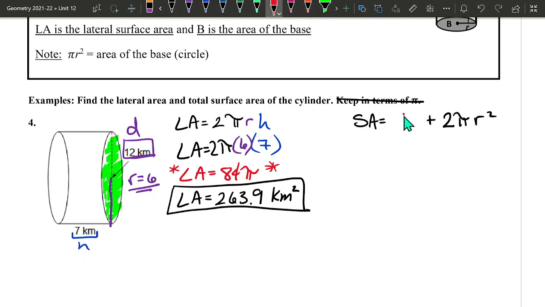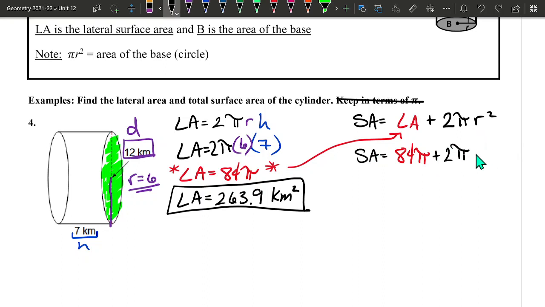Luckily for us, we've already solved for the lateral area, and I'm going to write it in terms of pi. So that's why I wrote it this way. 84 pi. Plus 2 is a constant, pi is a constant. The radius squared. I know the radius. I've already figured that out at 6.